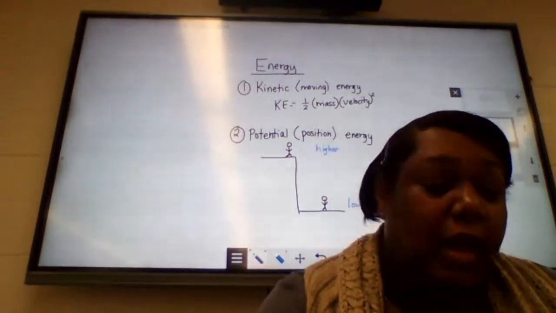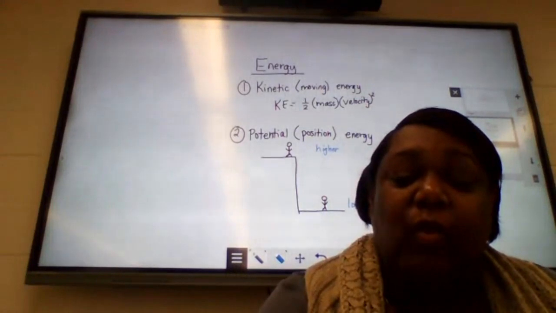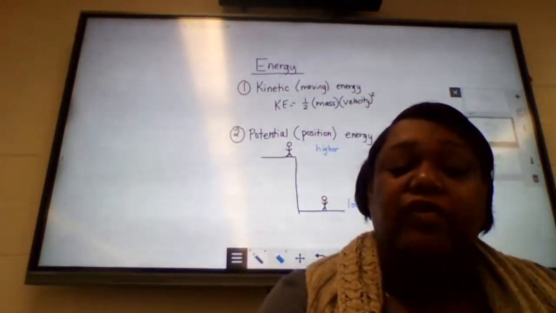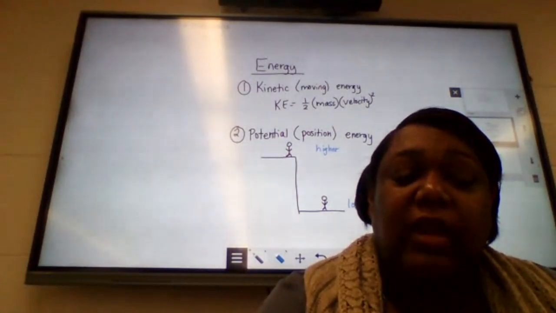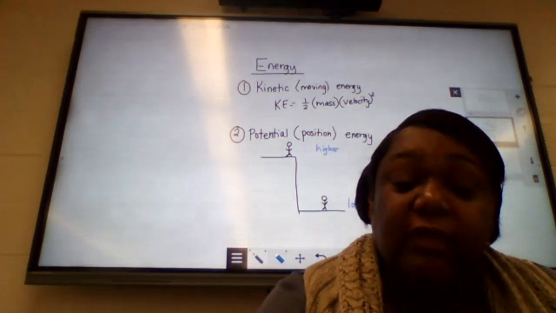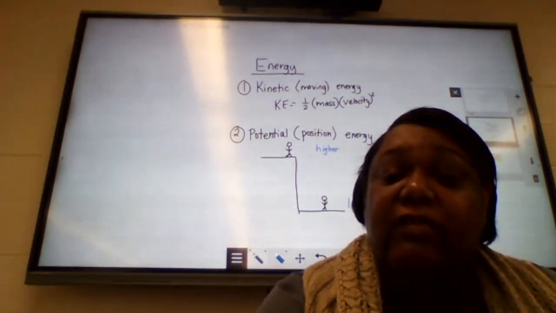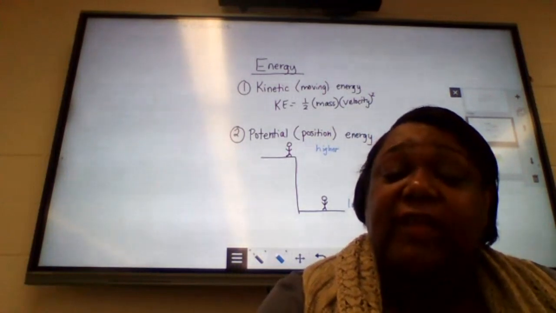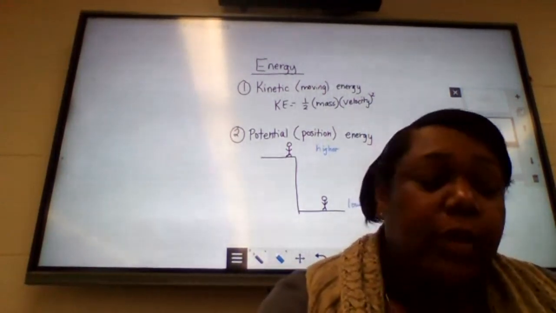That's why on the highway, if you're going really, really fast, that will increase your kinetic energy versus having an object that is going very slowly. Now, when you do consider mass, mass does play a part in kinetic energy. It's just not as big a part as velocity is, because you'll notice in the equation, velocity is squared.